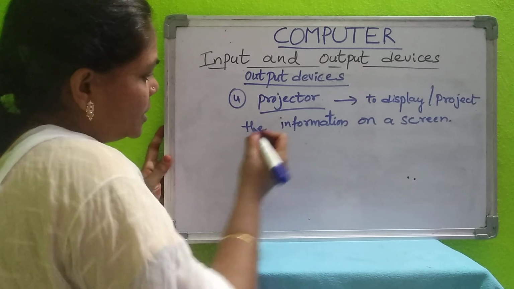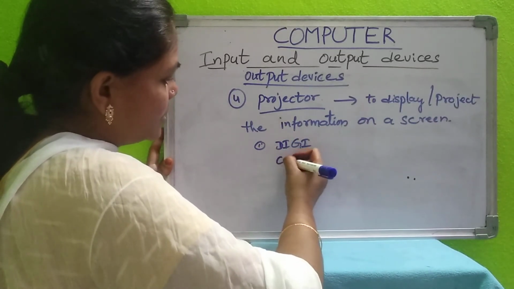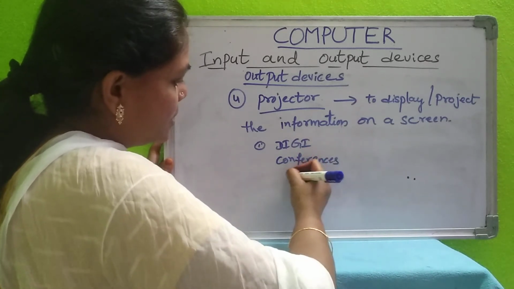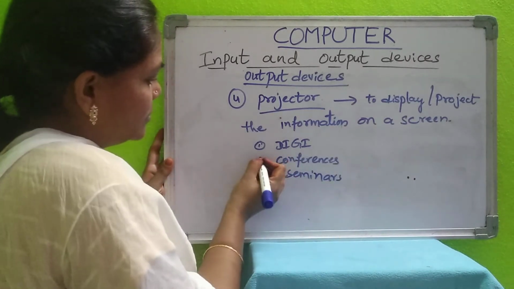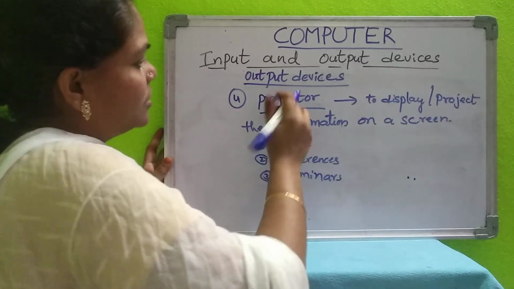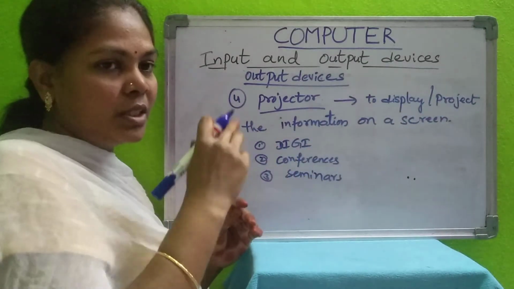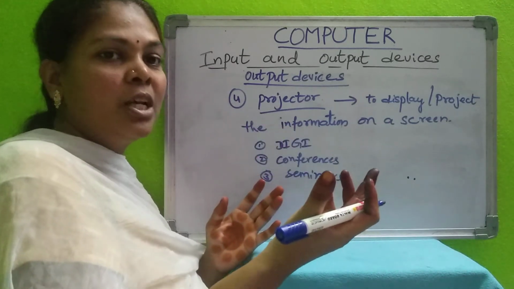So what are the uses? For DG labs we use this projector, or for some conferences, or for some seminars. The information is projected on the screen, and someone will explain, or many members can watch that.